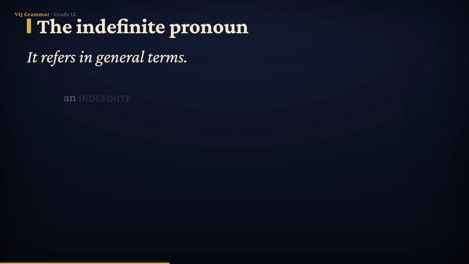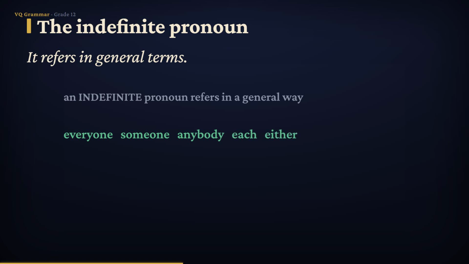Fourth family, the indefinite pronoun. Where a noun names someone specific, an indefinite pronoun stays general. It refers to people or things without pinning down exactly who or which. There are a lot of them. Everyone, someone, anybody, each, and either.